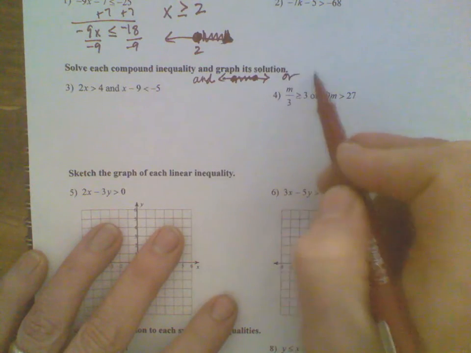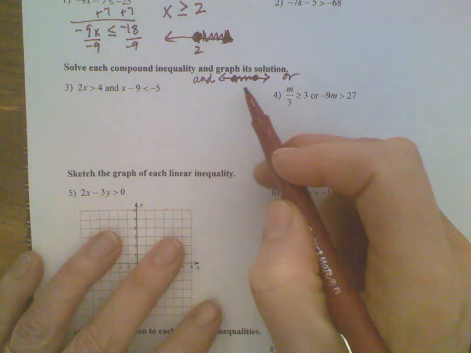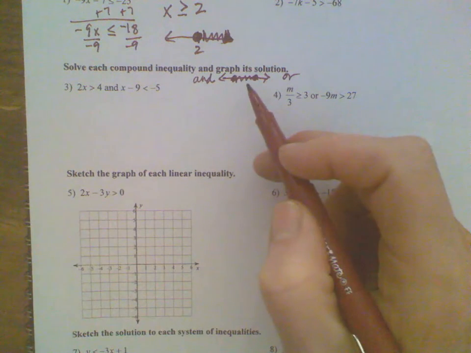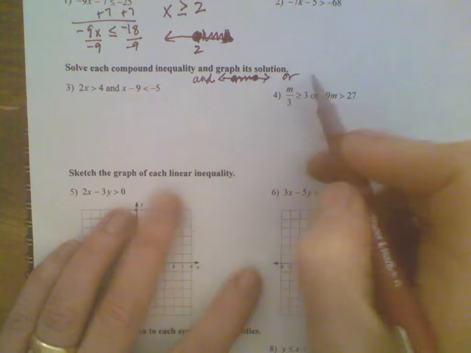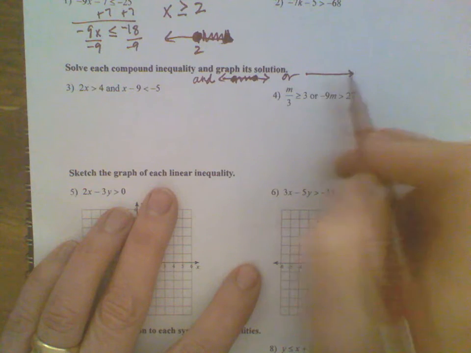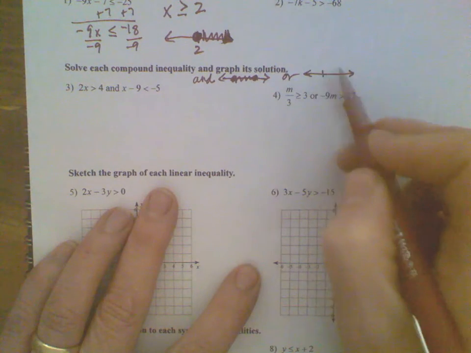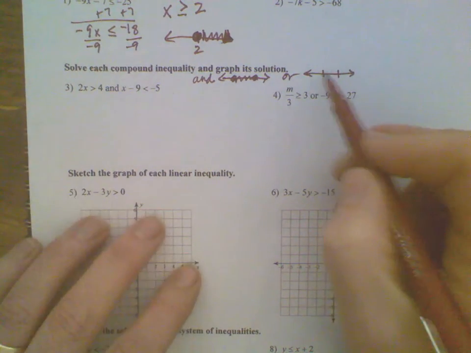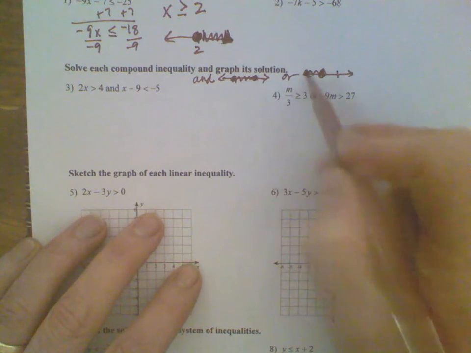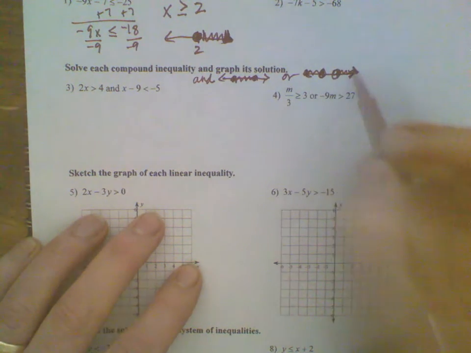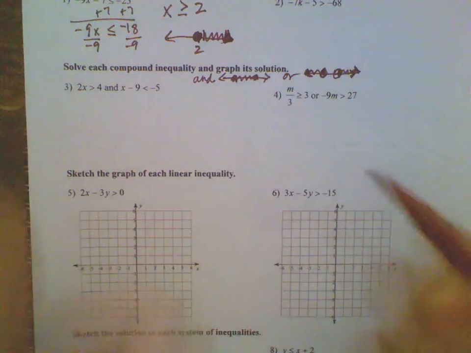Now, with or, and I know it's terrible as a math teacher to make a generalization, but I just want you to have things to watch out for. When we have or, this isn't always, but because it's everything, you're going to end up with things that kind of shoot out in opposite directions.